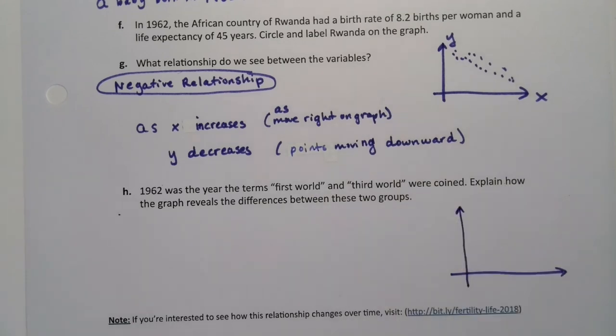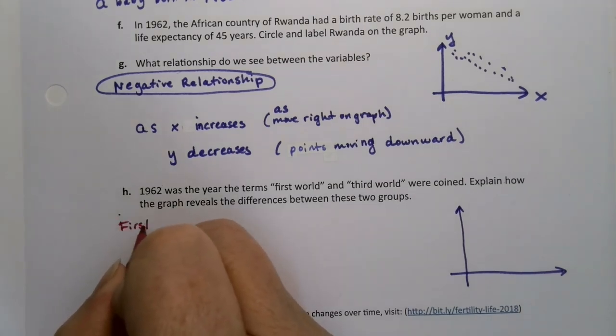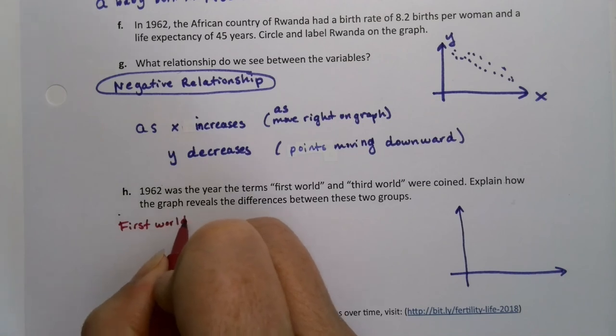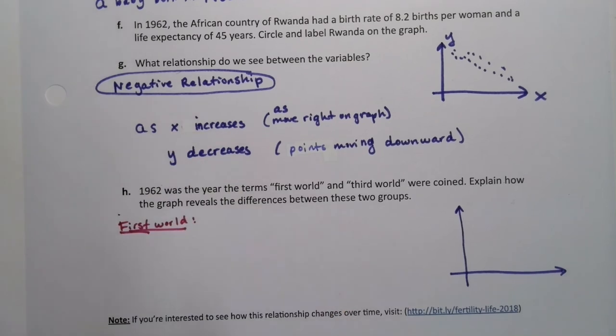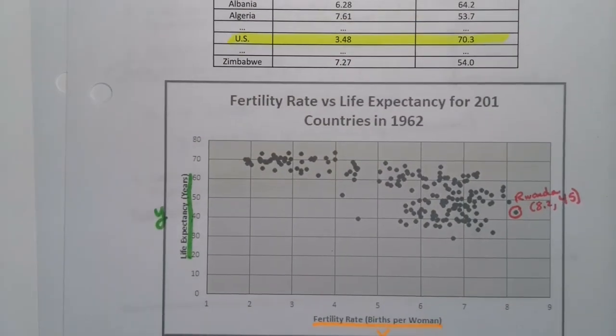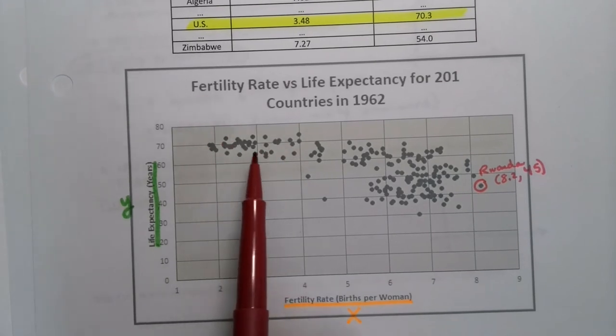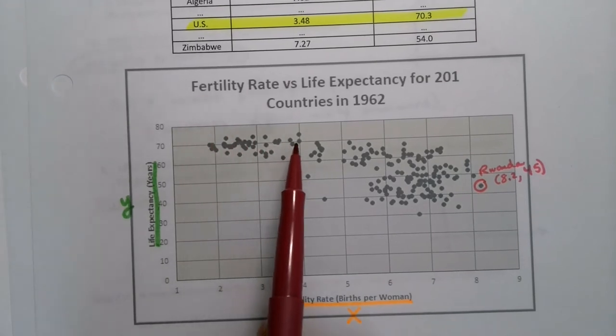All right, so the first world, well, let's go back to the graph and see if you can see it. The first world is over here. See it? It's up in the top left.